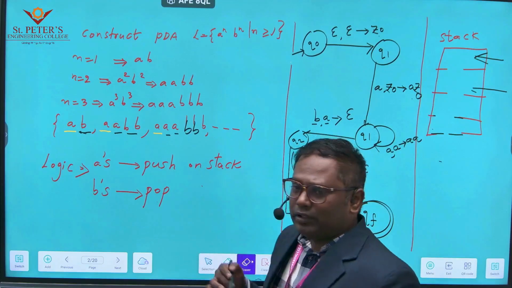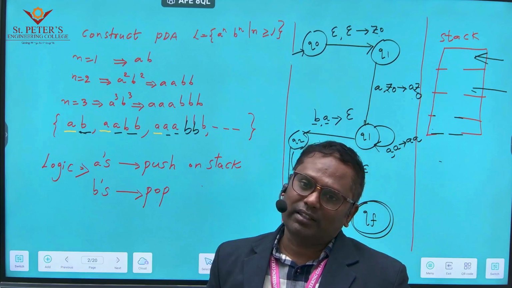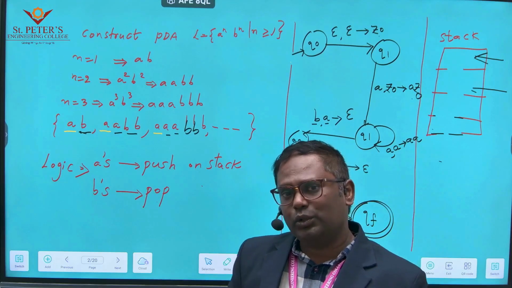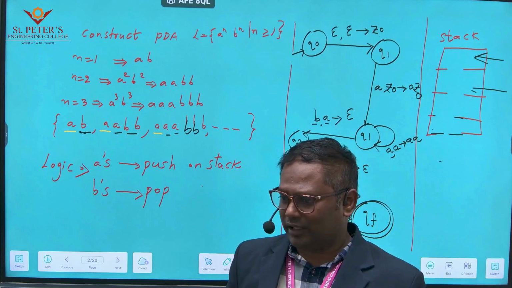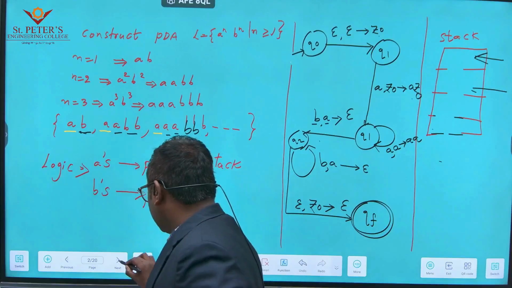Now there is a procedure known as instantaneous description, which says whether whatever you have drawn is right or not. There is a procedure to check whether whatever you have drawn is right or not. That procedure is known as instantaneous description.